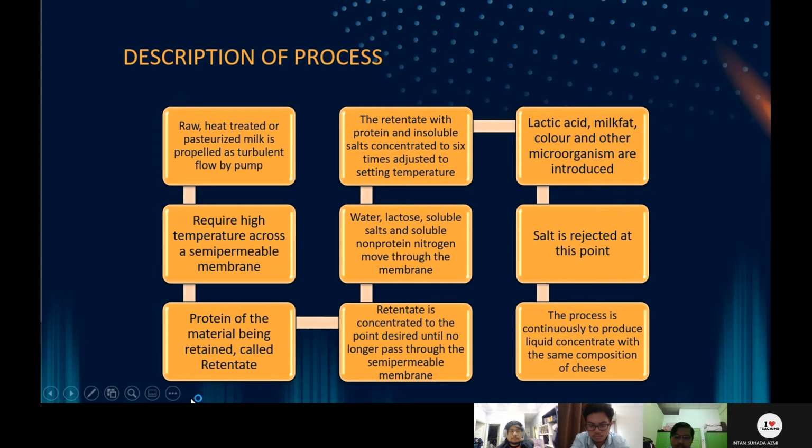And then the retentate with protein and insoluble minerals is concentrated to 6 times, adjusted to setting temperature, and then the lactic acid culture, rennet, color, and other microorganisms are introduced. And then last for the description of this process, the process is continuous to produce the liquid concentrate with the same composition of the cheese.